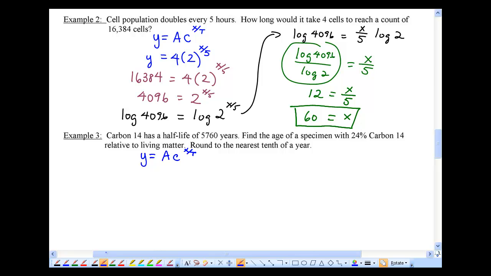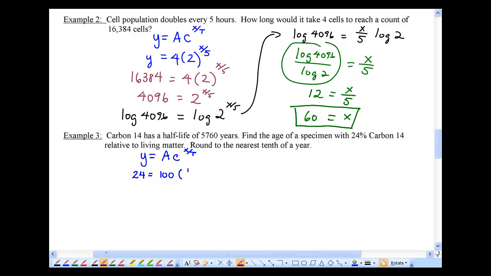We've got this thing called carbon-14. It has a half-life of 5,760 years. I'd like you to go ahead and find the age of the specimen with 24% of carbon-14 relative to the living matter, meaning my final amount must be 24%.